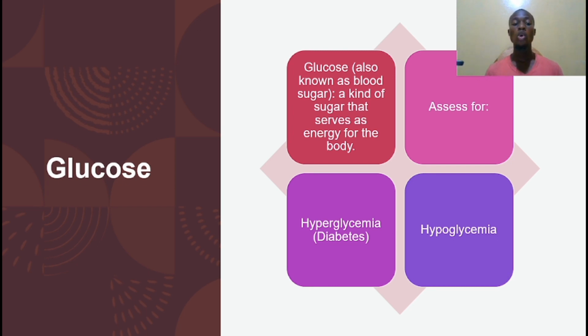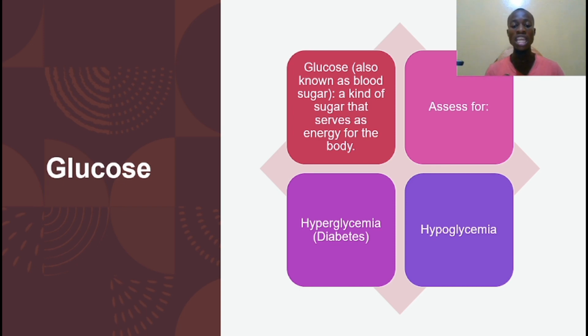That is very good. So in clinical practice, we do a person's blood sugar test to assess two important things. One, we want to assess whether the glucose in the person's blood is high.